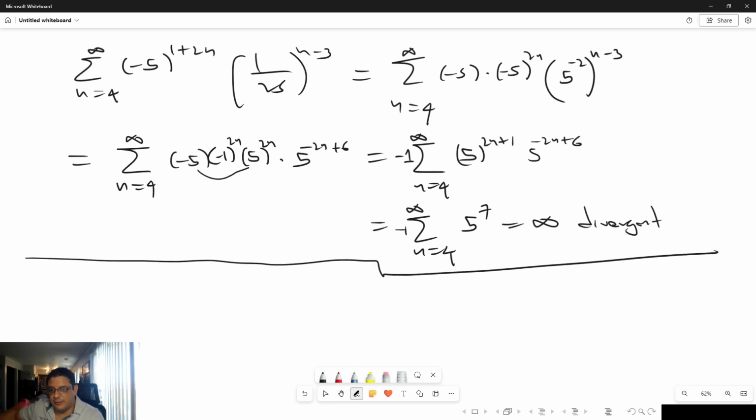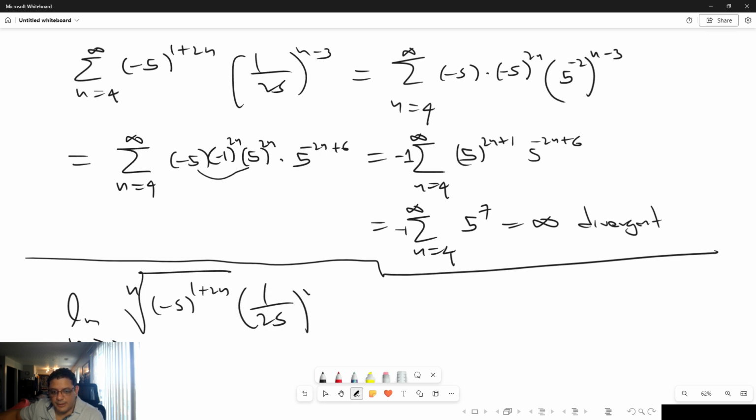Consider this sequence here. I'm going to do the limit when n goes to infinity of the nth root of this: minus 5, 1 plus 2n, and 1 over 25 to the n minus 3.